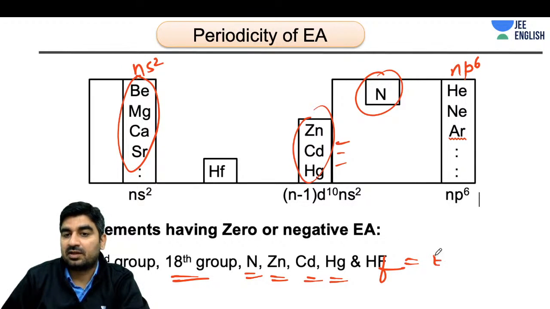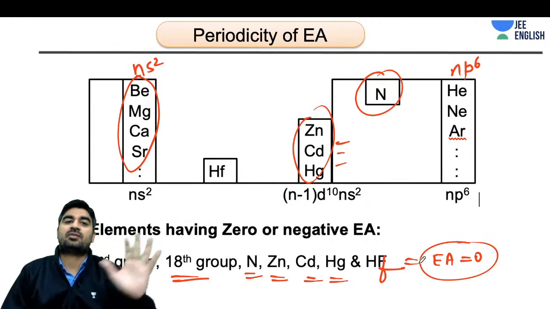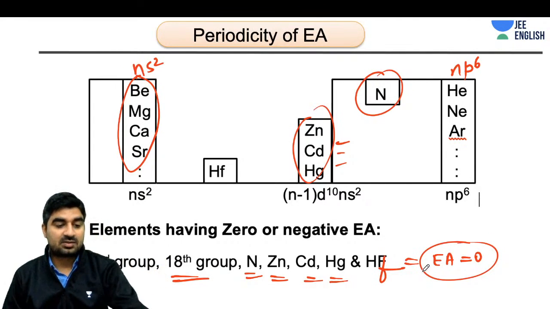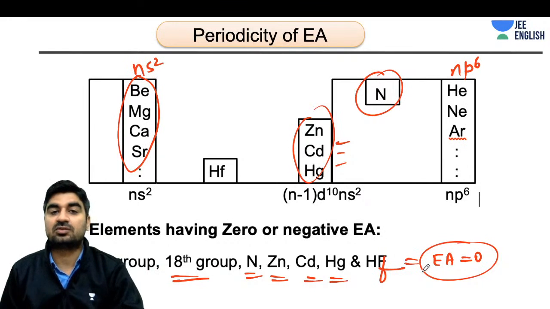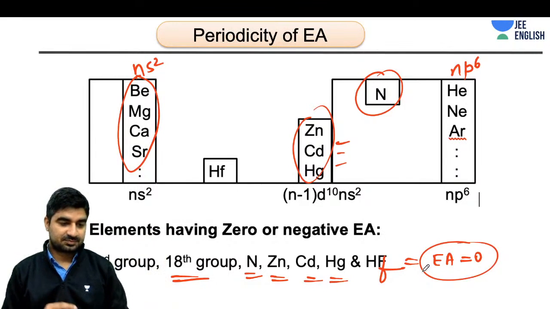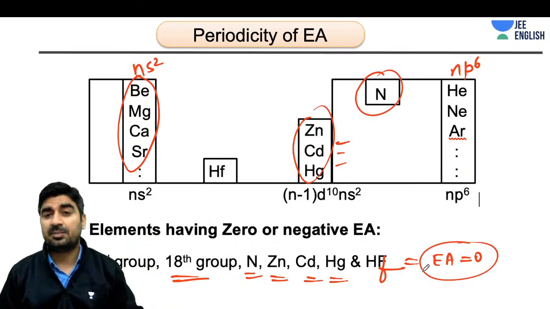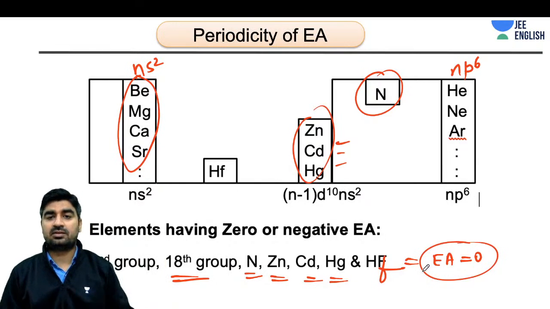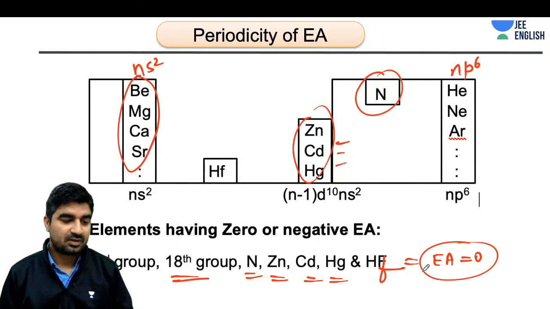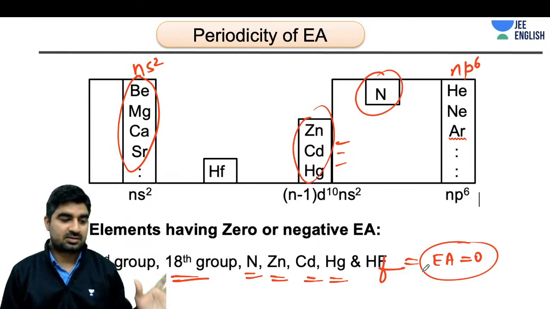These have electron affinity zero. The rest all have positive electron affinity. It means whenever they gain electron, some energy will be released. Got it?